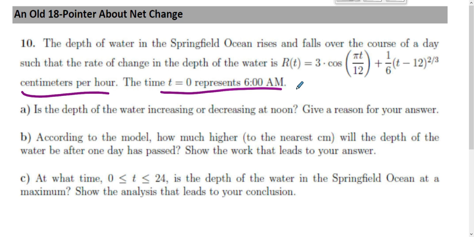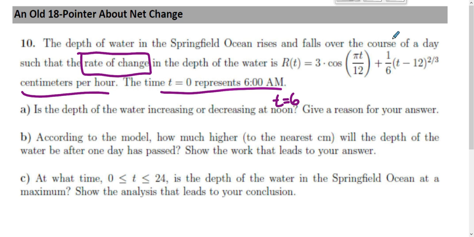So there are some parts of this question that are about net change, and there are some parts of this question that ask us to interpret what rate of change means. Is the depth of the water increasing or decreasing at noon? Noon is time equals 6. So is the depth of the water increasing or decreasing? Well, if we had some function that described the depth of the water, we would want to know if its derivative was positive or negative at time equals 6.